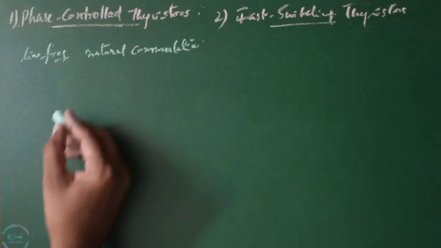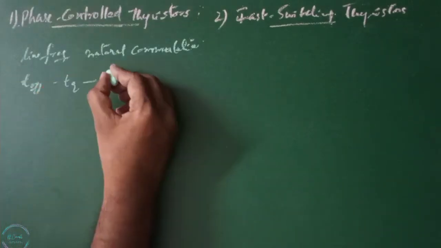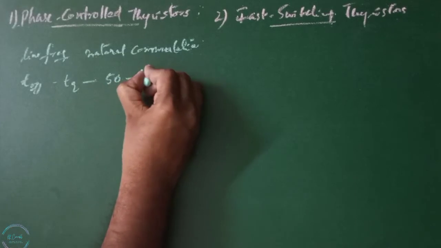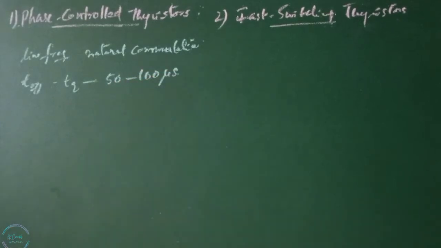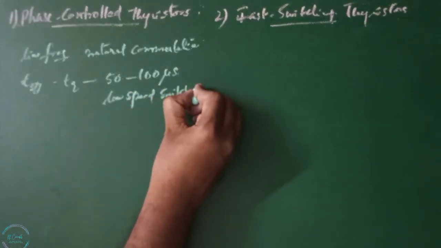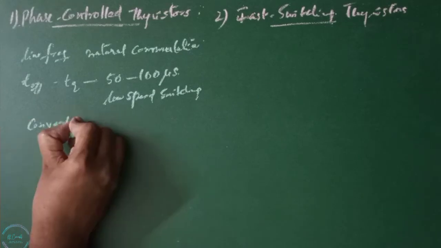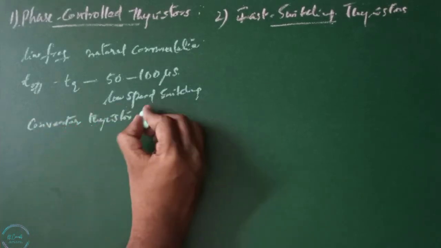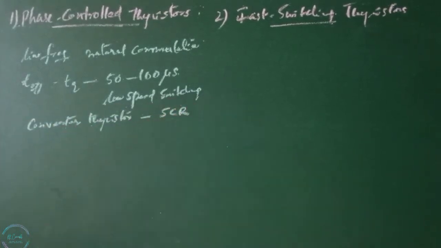Now, the turn off time, it is tq, it is 50 to 200 microseconds. This is most suited for low speed switching applications and known as converter thyristor, also known as SCR, that is silicon controlled rectifier, since the thyristor is basically a silicon made control device.